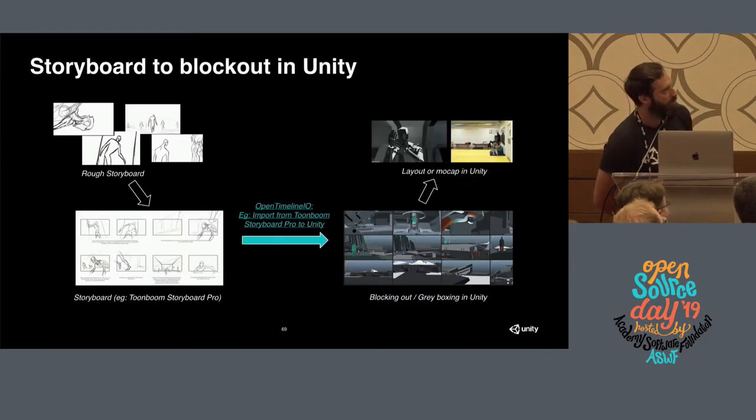Usage, storyboard: you start by taking the storyboard media and editorial, you can import it in Unity Editor as a reference for blocking out, placing cameras, placing actors, maybe do mocap.